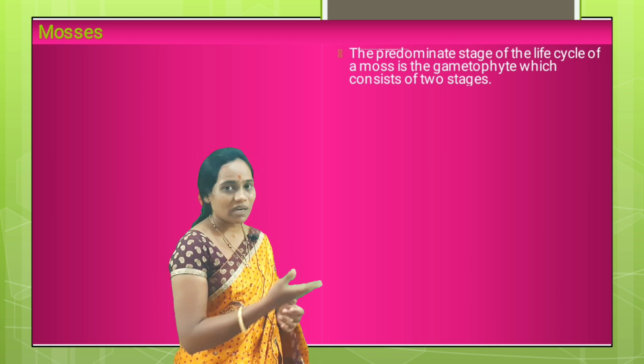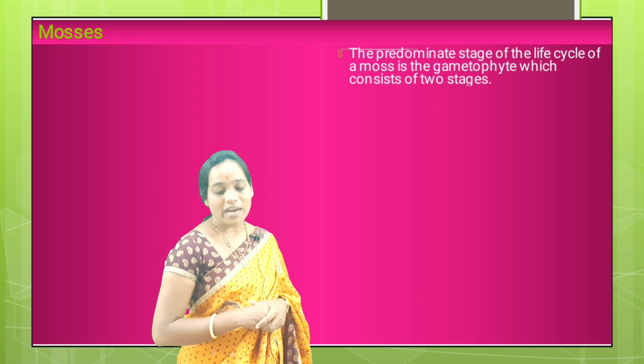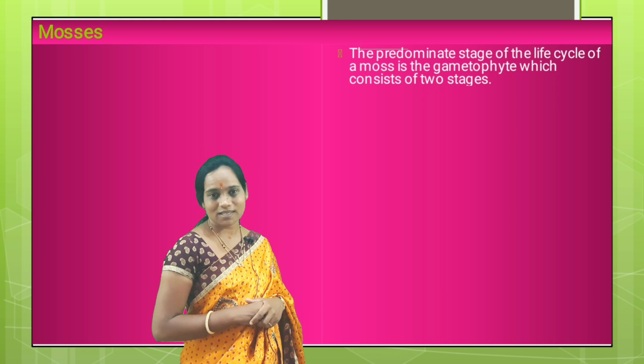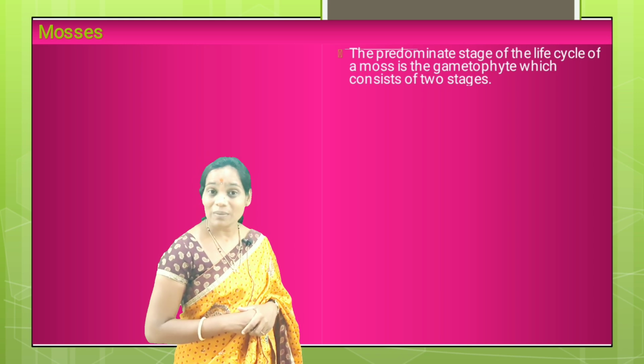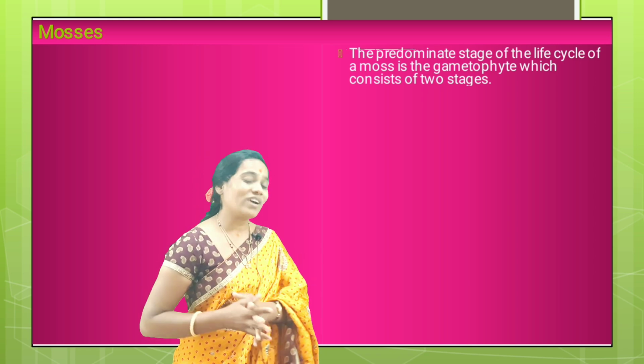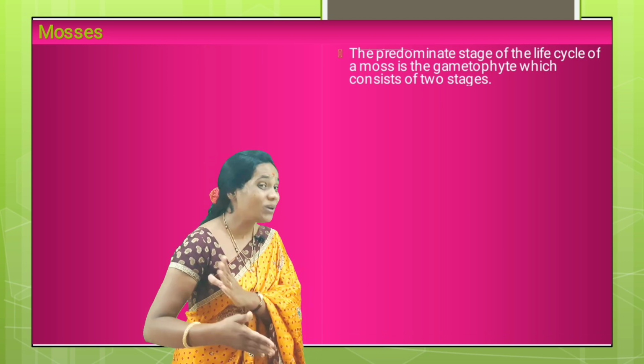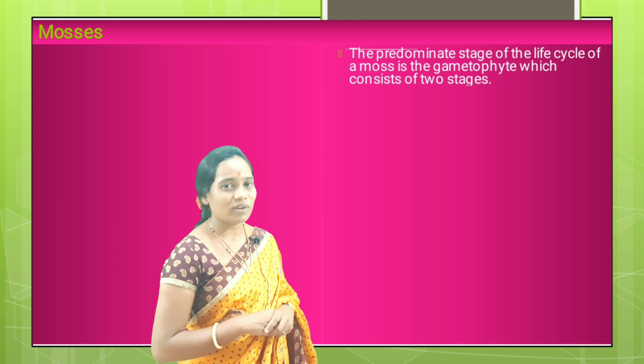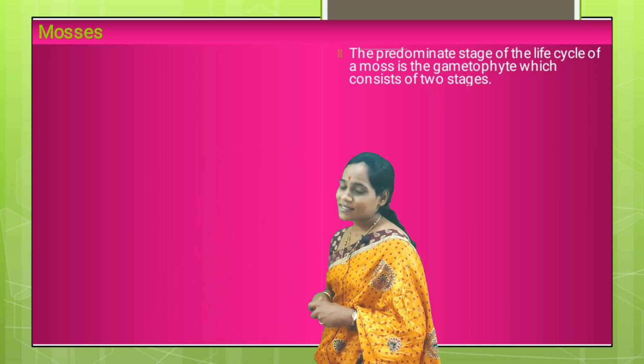But remember, the gametophytic plant body, which is the dominant phase of the mosses, consists of two main stages.